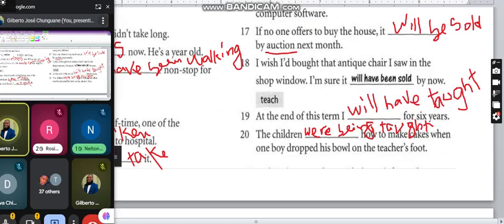I can also use the present continuous tense to talk about an action which may not necessarily be happening right now, but is temporarily the status that someone is at the moment.